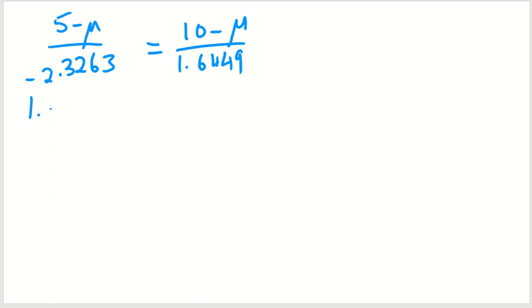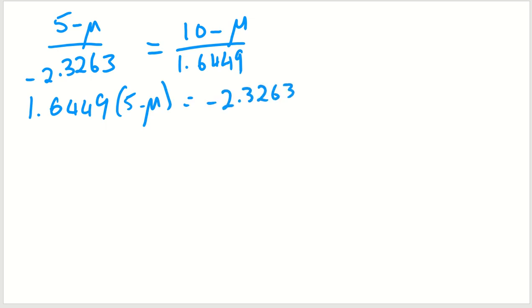So I'm going to get 1.6449 times 5 minus the mean is equal to negative 2.3263 times 10 minus the mean. Expanding brackets, what do we remember about that?